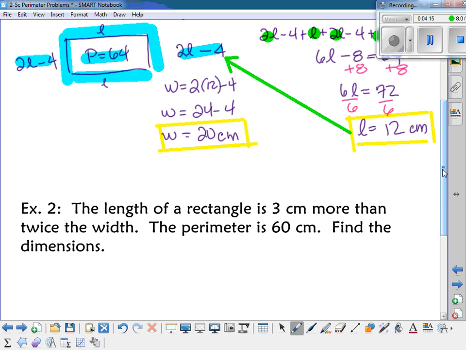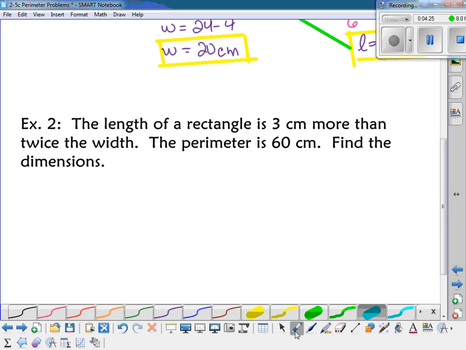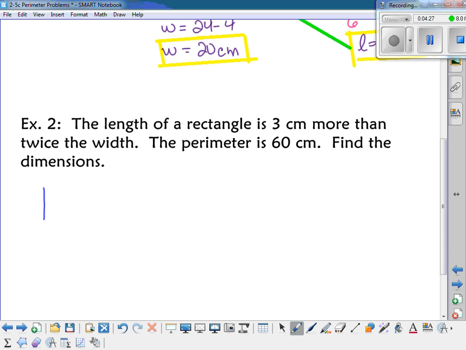So example 2. This one, the length of the rectangle is 3 centimeters more than twice the width. So I'm going to draw myself another picture. It says the length is, so that's my L equals 3 centimeters more. So if it's 3 more, what am I doing with that 3?